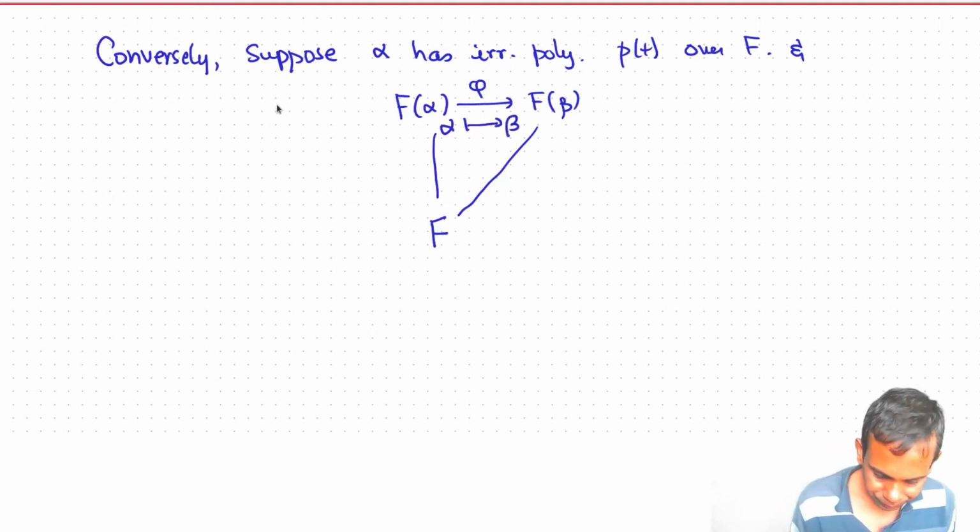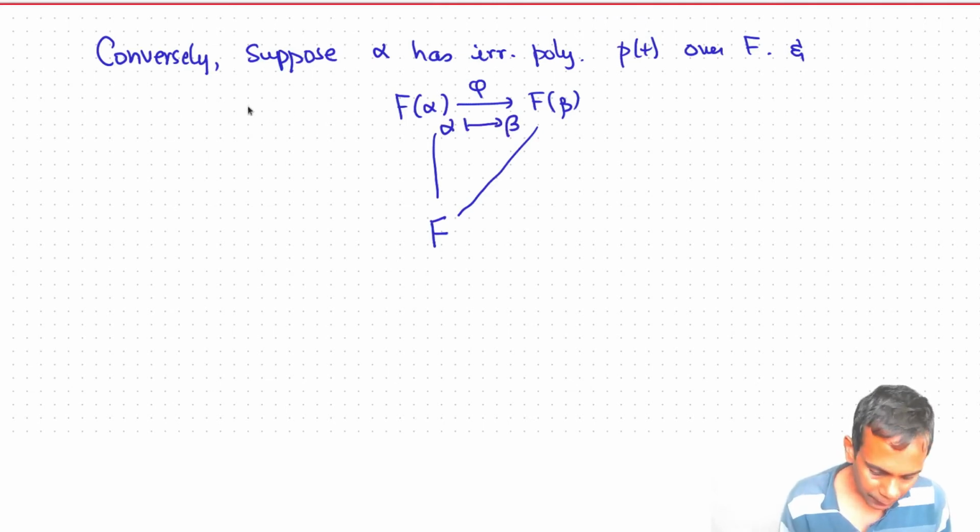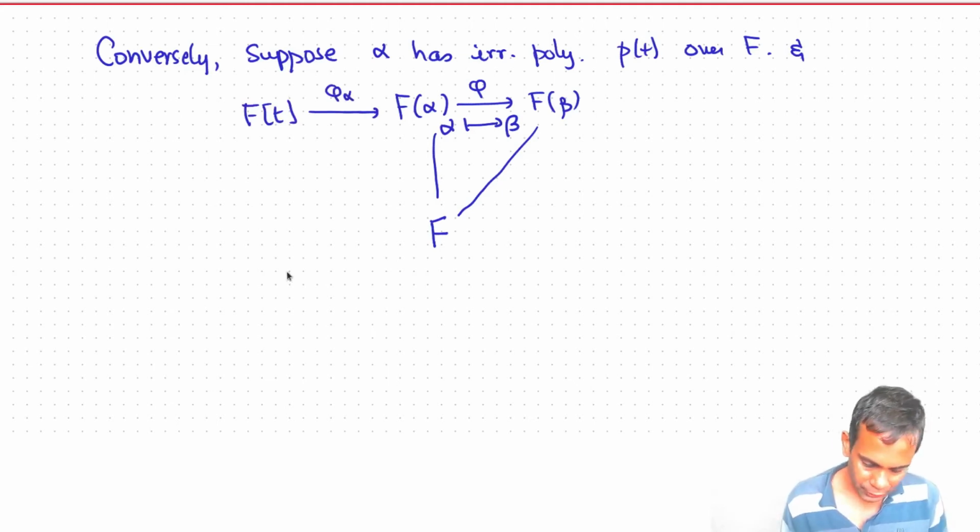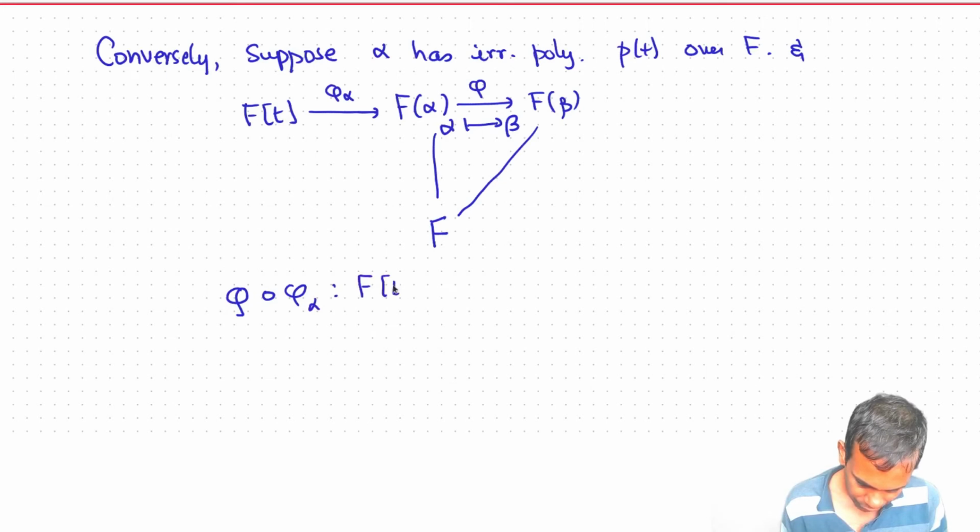Now from F[t] we have the map phi alpha, the substitution map, to F(alpha), and if you consider the map phi circle phi alpha, this is a homomorphism from F[t] to F(beta).